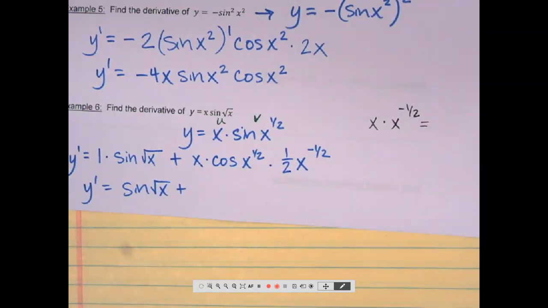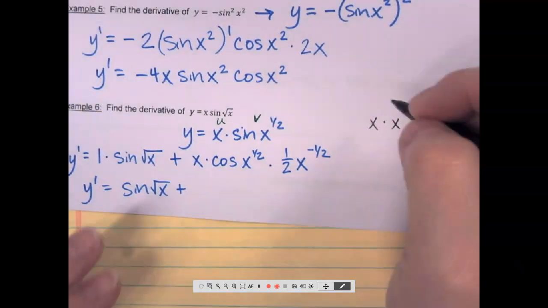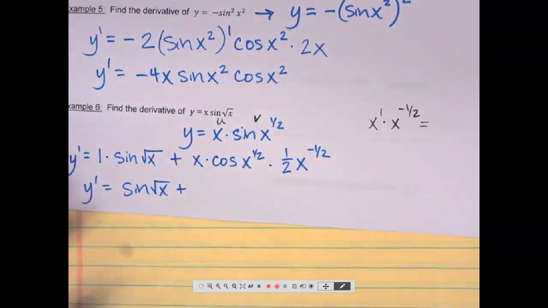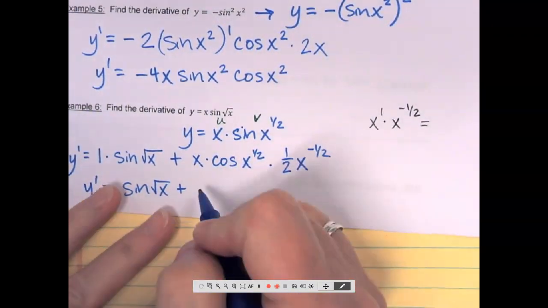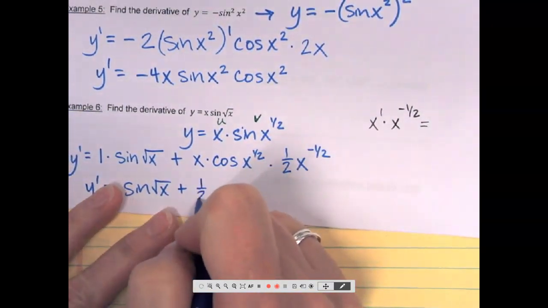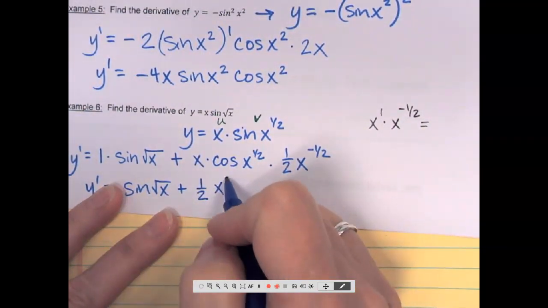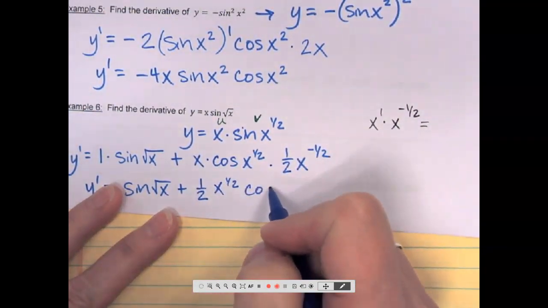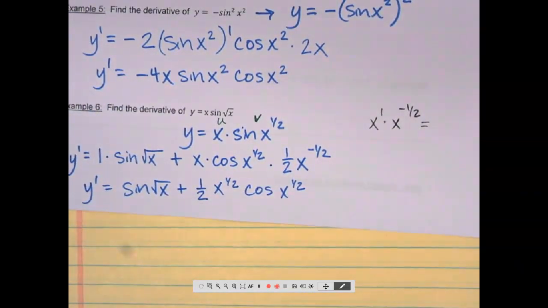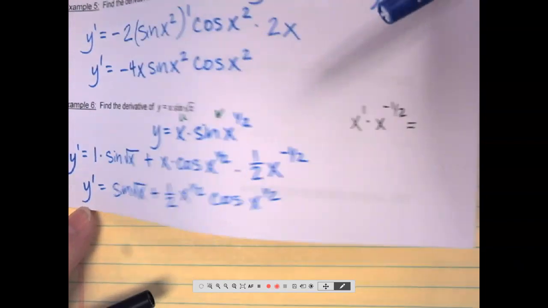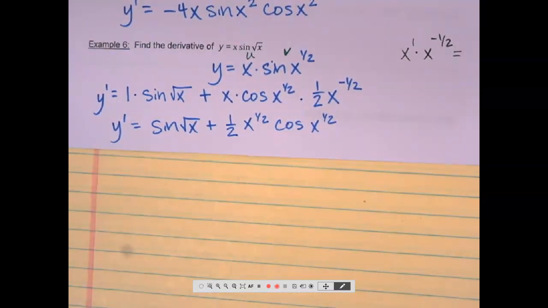It would just be x to the 1/2. Yes, because what do I do if I have the same base? Add the exponents. This exponent is positive 1, and 1 plus negative 1/2 is 1/2. I like that one. So that becomes 1/2 x to the 1/2 cosine x to the 1/2. Okay, so we might want to leave it like that.